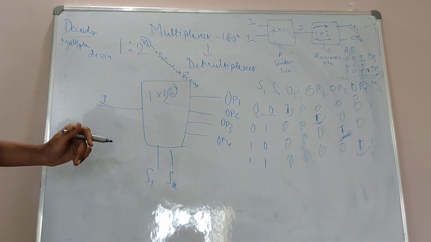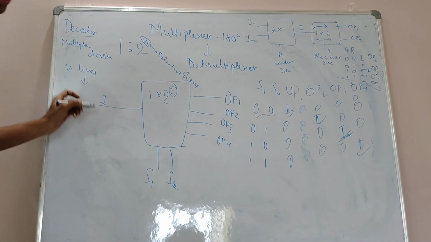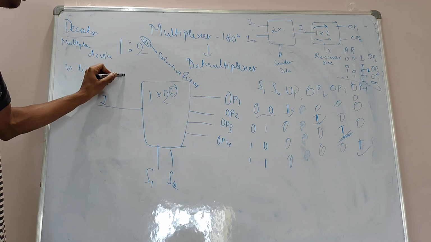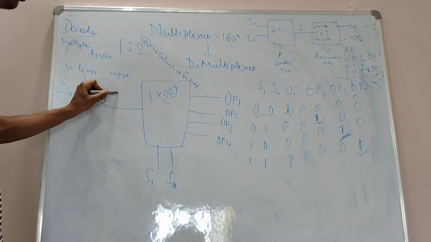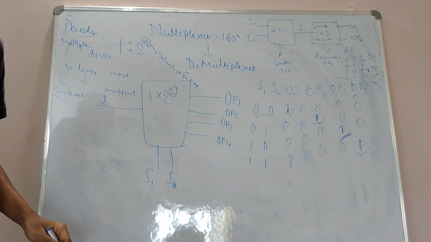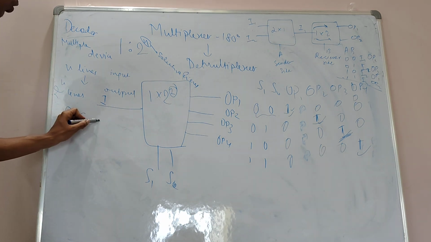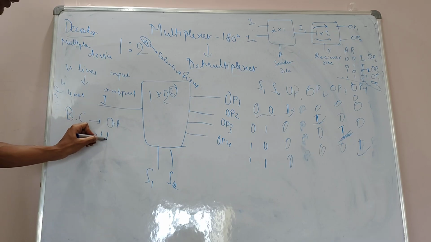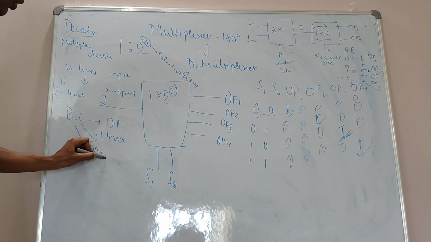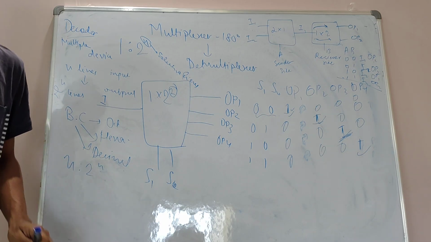It is a combinational circuit that converts n lines of input into 2 to the power n lines of output, right? Its applications are converting binary code to octal, binary code to hexadecimal, and binary code to decimal, right? And this is in the form n:2 to the power n.